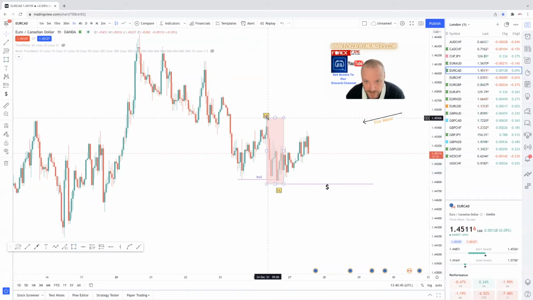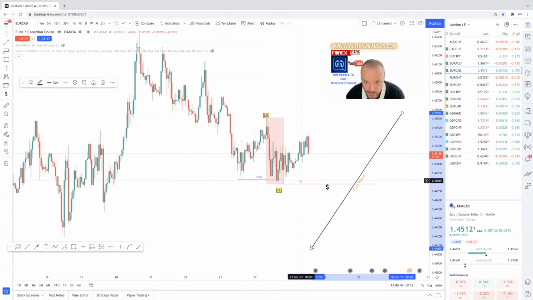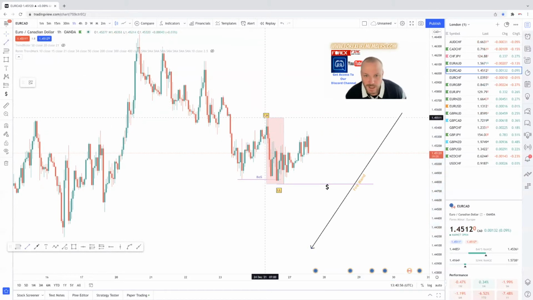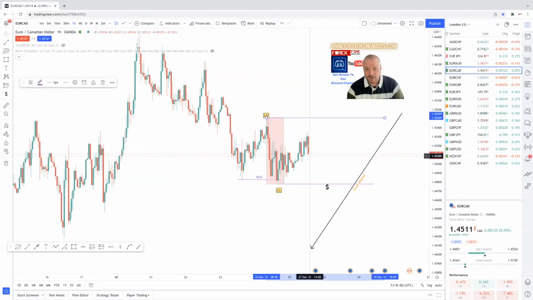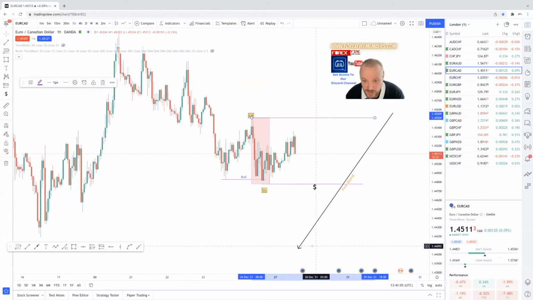That's your lower high to your lower low. It's contained. We've got the liquidity area here of the structure, that's the sell side liquidity. If we drag this over the top, we now have our area contained within the current trend, within the current swing point.